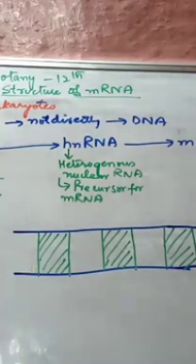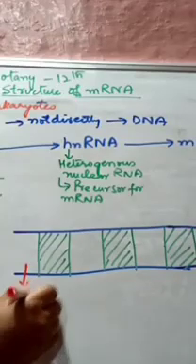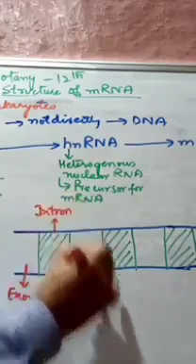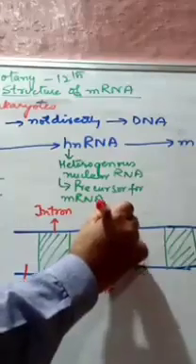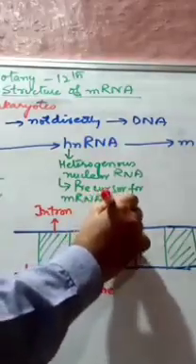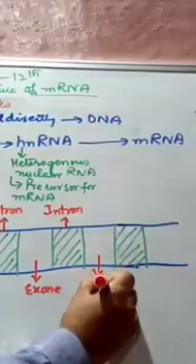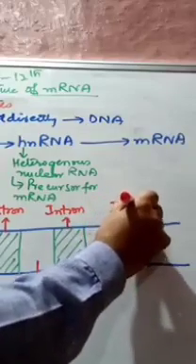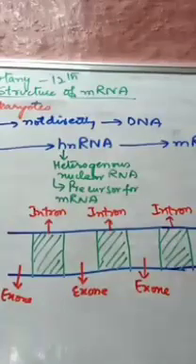This one is called exon. This is called intron. This is called exon. This is the intron. This is the exon. This is the intron. So we will find these two types of sequences.